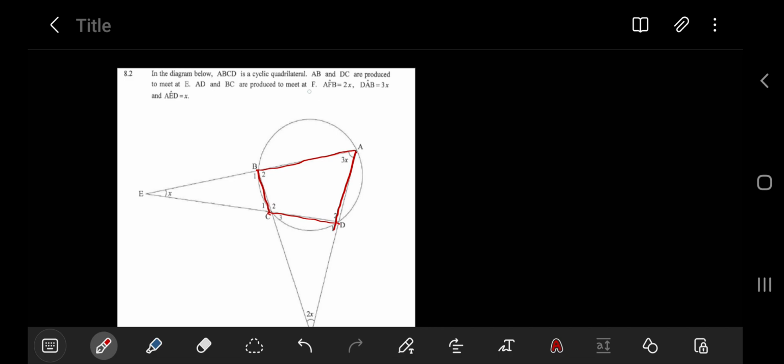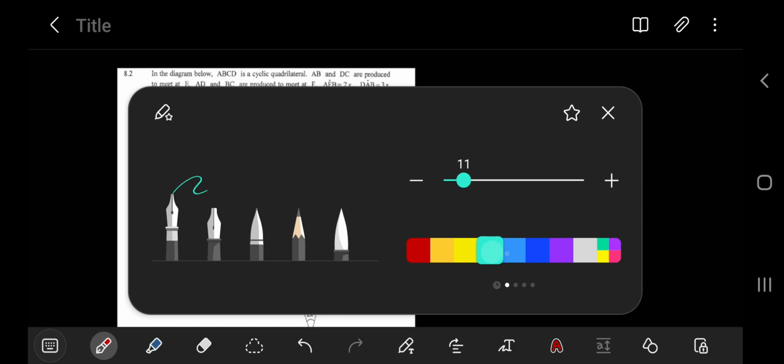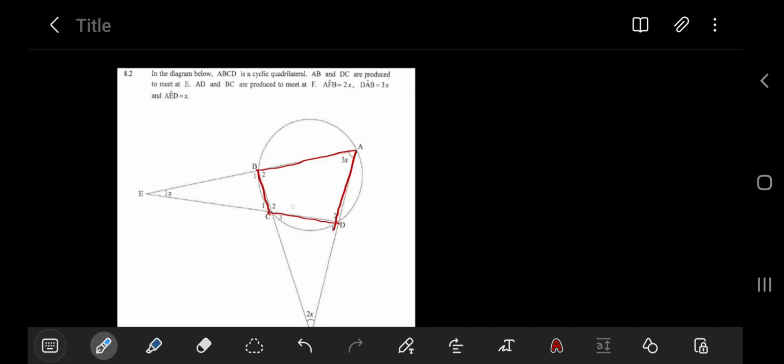So let's see. We have AB and DC are produced to meet at E, right? Where is AB? From the diagram, you can see that that is AB. It is produced to E, right? So you can see that AB is one side of a cyclic quad, okay?